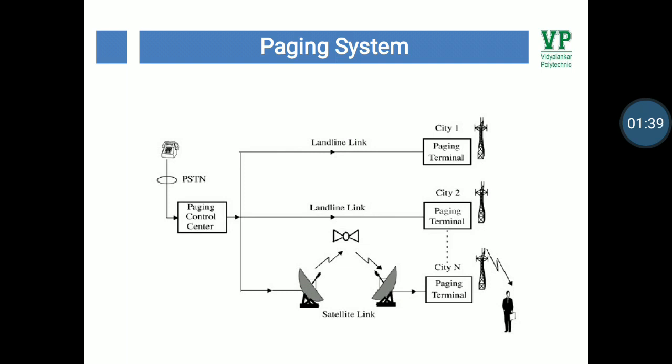The paging receivers are simple in construction and inexpensive, but transmitters are quite complex and sophisticated. The radio towers simultaneously broadcast a page from each base station. This process is called simulcasting.